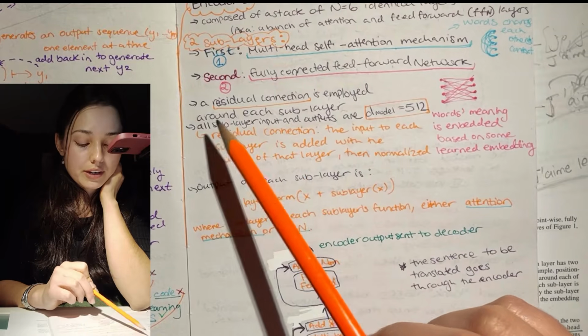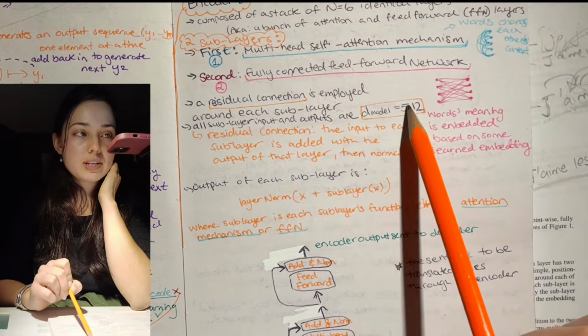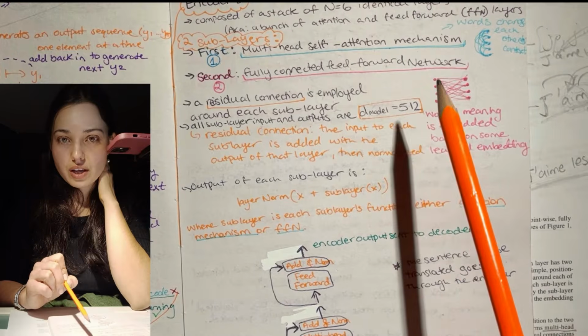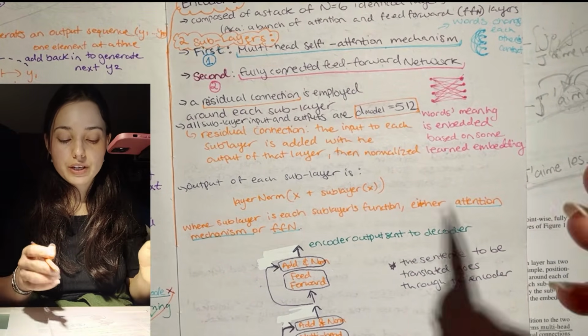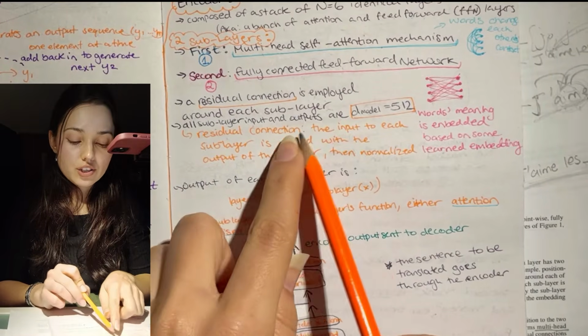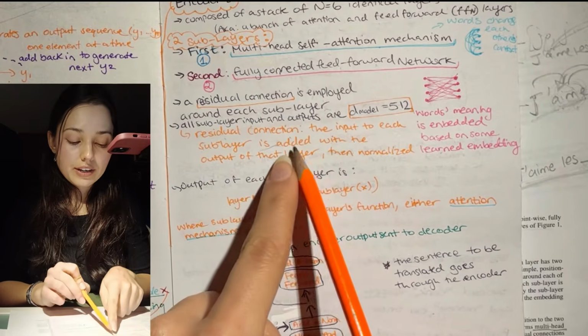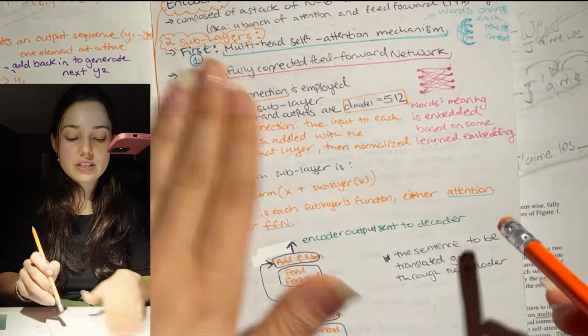Around each sublayer, all sublayer inputs and outputs are this dimensional space, 512 different spatial dimensions where the word can be represented. Residual connection: the input to each sublayer is added with the output of that layer, then normalized. So that's kind of just the definition.